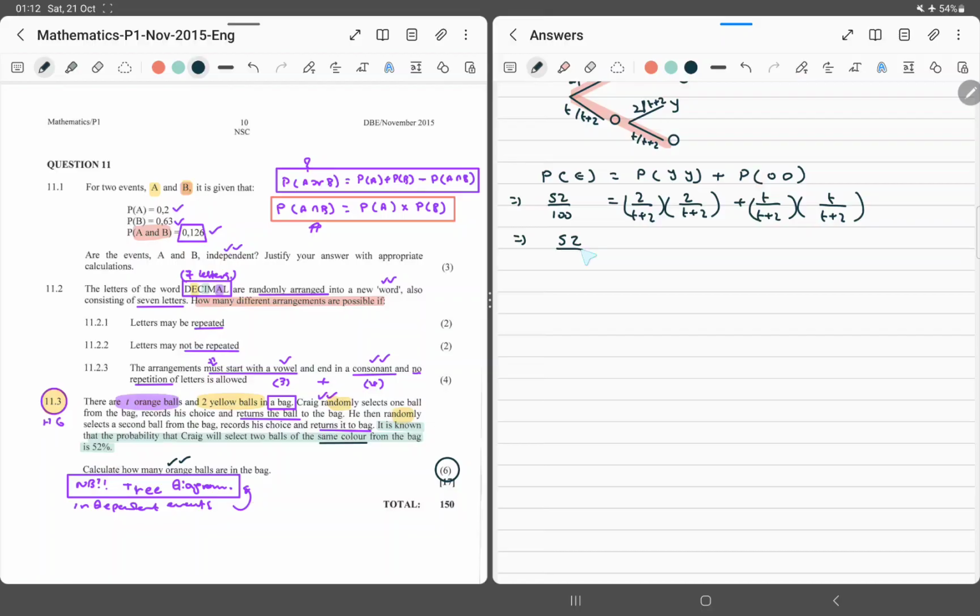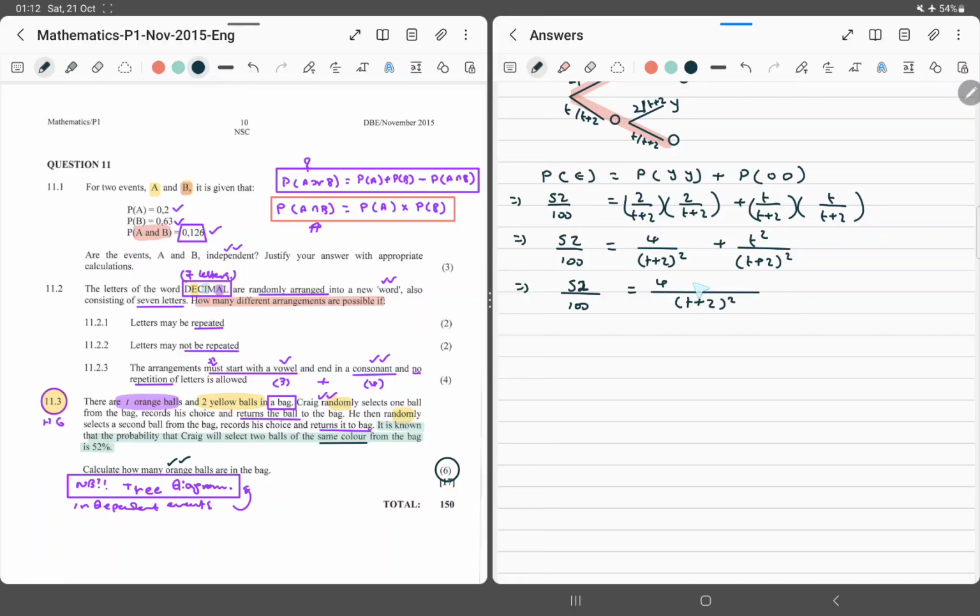So this is 52 over 100 is equal to, when you sort this out, it's going to be 4 over t plus 2 all squared, plus t squared over t plus 2 all squared. Okay, this also implies that we've got 52 over 100 is equal to the same denominator, so we can simplify this by saying this is going to be t plus 2 all squared.